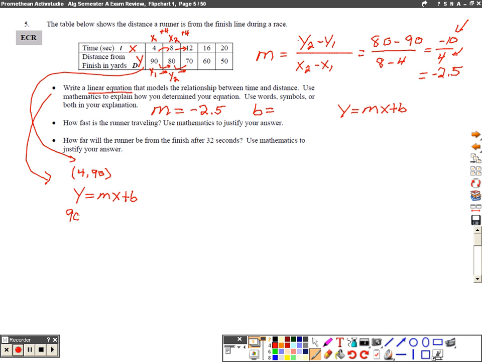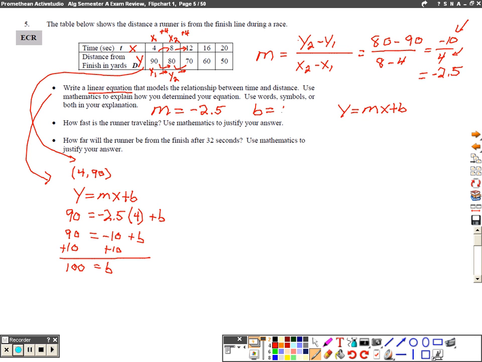Y is 90. My slope, as I already calculated, is negative 2.5, and my x is 4. Calculating this, I get negative 10 plus b is equal to 90, add 10, and I get 100 is b.